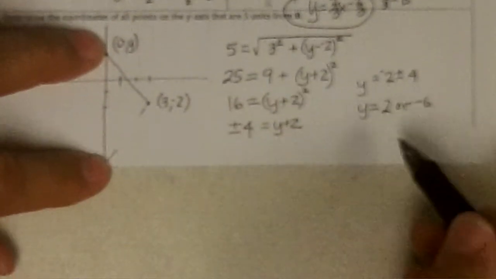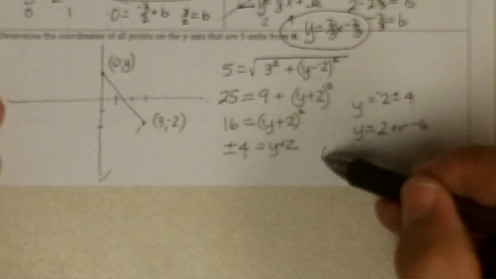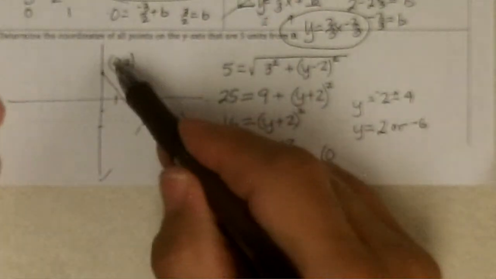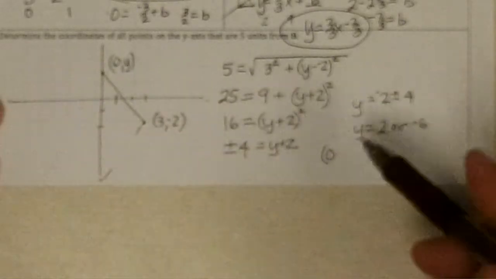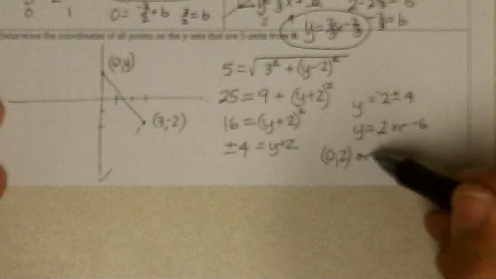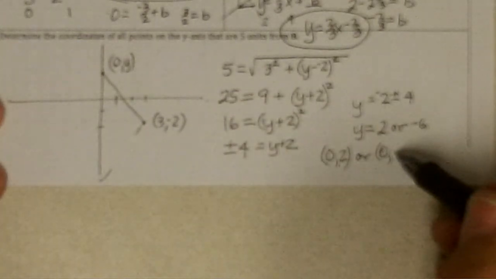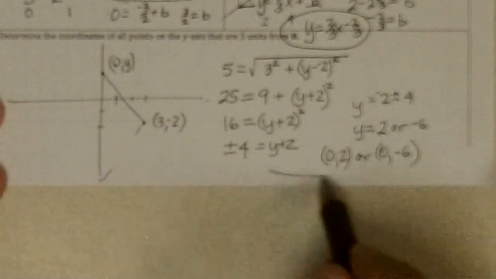So those points are, because I asked for the points, so you should be telling me, okay, it's 0 in the x because it's not sideways, and up 2, or it's 0 in the x, down 6.